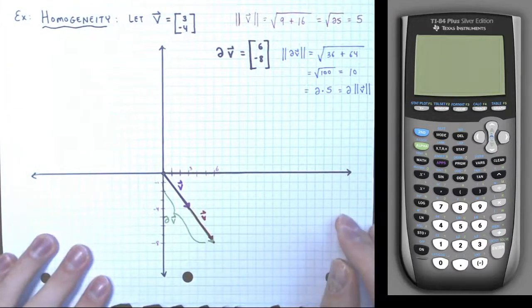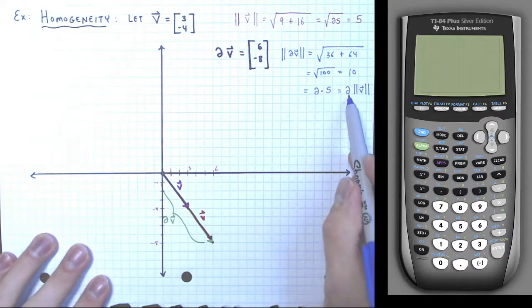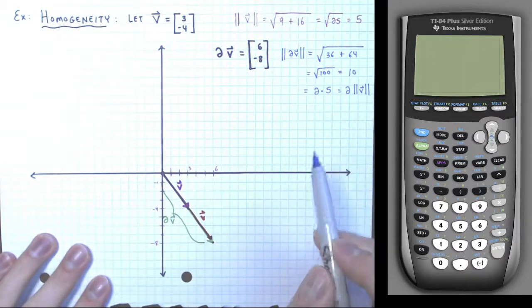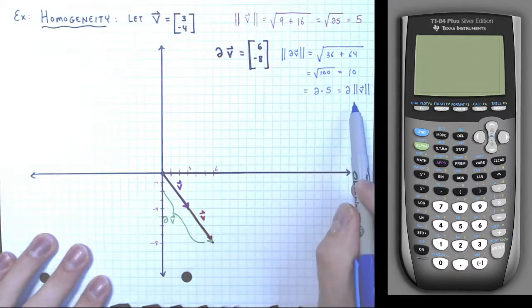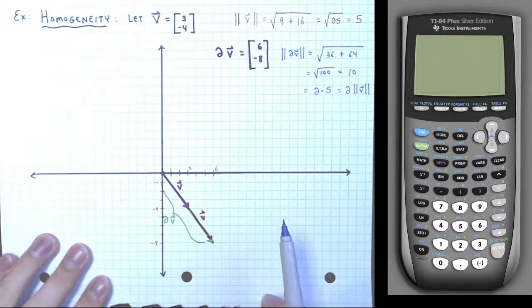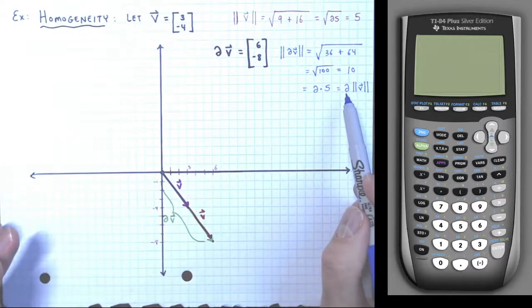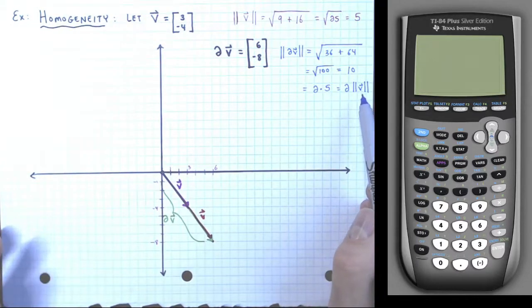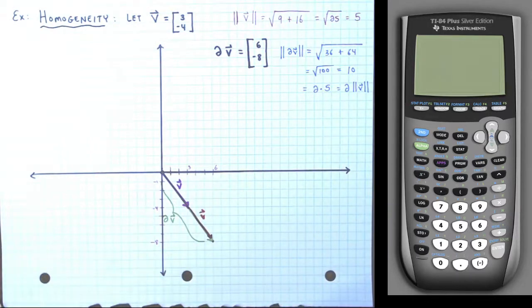So the norm of 2v is simply 2 times the norm of v, kind of pulling the scalar out, if you will. Now remember, in my rule earlier, it should be the absolute value of the scalar times the norm of v to keep it positive, and let me show you that here with a negative scalar.